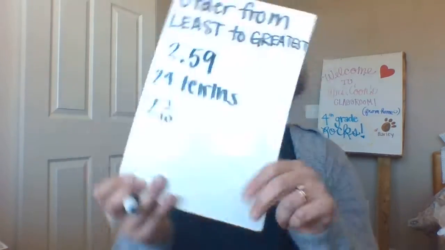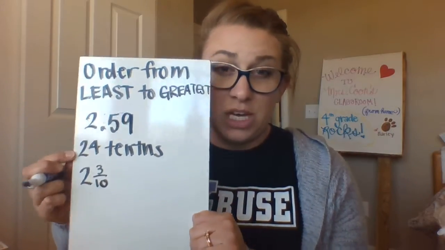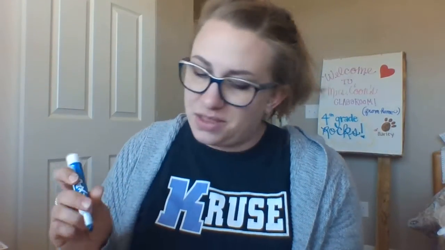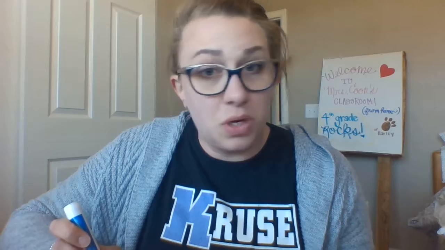So I think just because that first number in the list is a decimal, I'm going to put the rest of them as decimals. So that means we only have to change 2 of those numbers. Let's do this in blue. Okay, so 2 59/100 is already a decimal. 2 4/10 as a decimal. Well, I know that 2 4/10 is the same thing as... oh no, I'm lying to you.